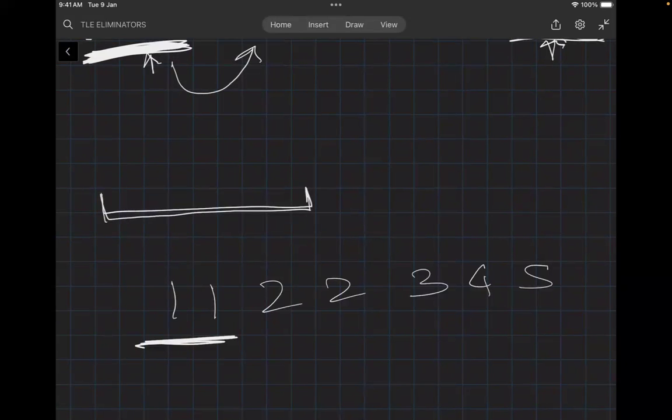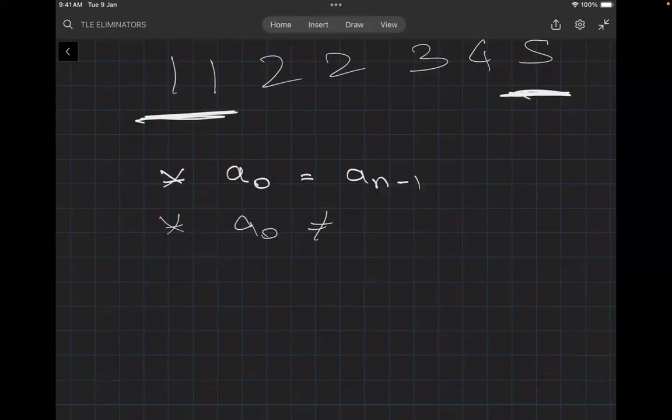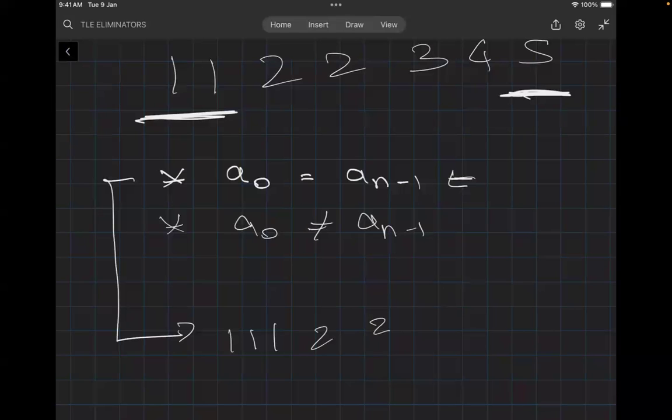And I'll also find the size of the suffix such that all elements are equal. Now, there are two conditions: A0 is equal to An-1, or A0 is not equal to An-1. What does it mean when A0 is equal to An-1? It means that the array is something like this.